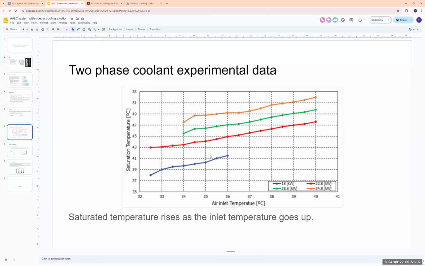But in that case, you will compare two solutions, but not two general technologies. And this is the main difference. I think you'd be better off having a chart that shows cooling capacity versus air inlet temperature, with one line representing two-phase and one line representing single-phase.